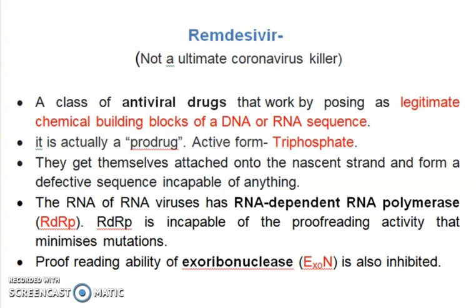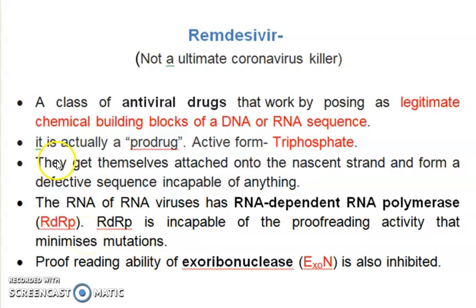So yes, the same thing could happen in humans, but humans have DNA polymerase, which checks that during replication, if some other thing comes in, the DNA polymerase would cut it and remove it and replace it with the original. But in the case of the coronavirus RNA, there is no such enzyme.